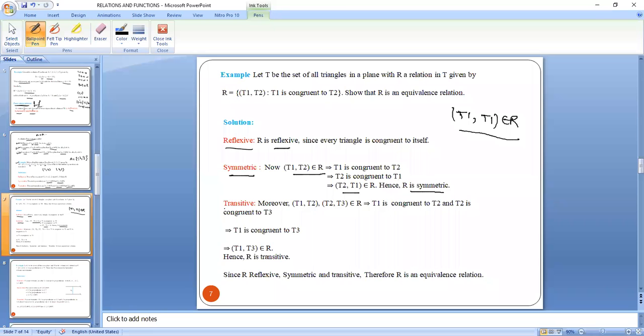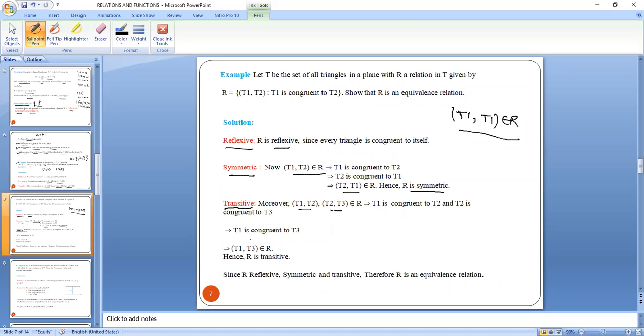Then we will check whether it is transitive, right? For transitivity, we will check T1, T2 comma T2, T3 belongs to R, right? That means T1, T2 means T1 is congruent to T2. T2, T3 means T2 is congruent to T3. Then this implies that T1 is congruent to T2 and T2 is congruent to T3.